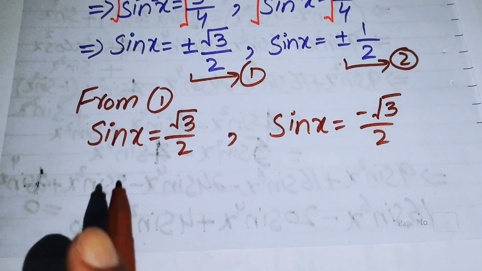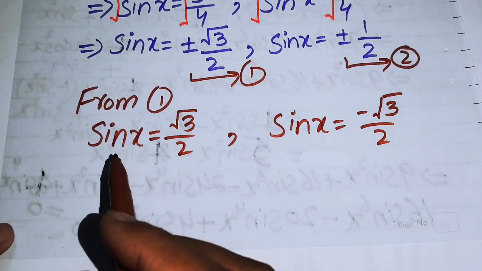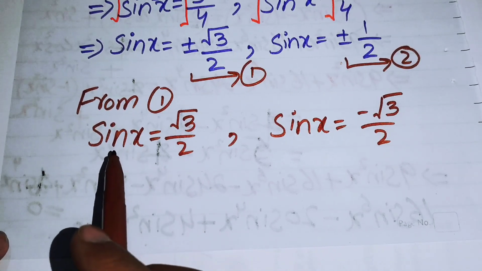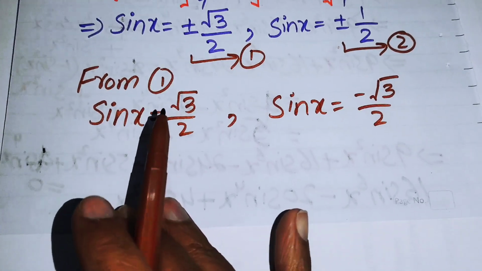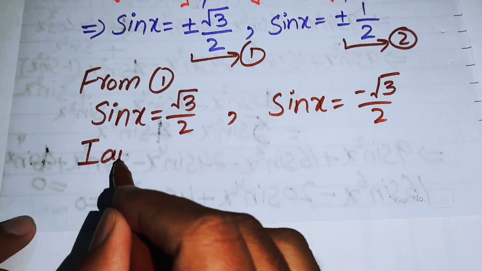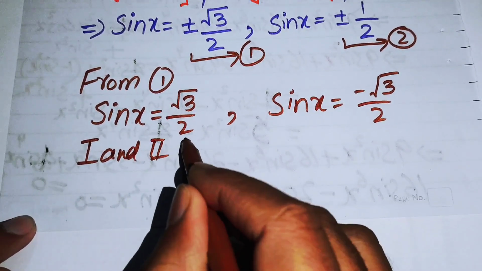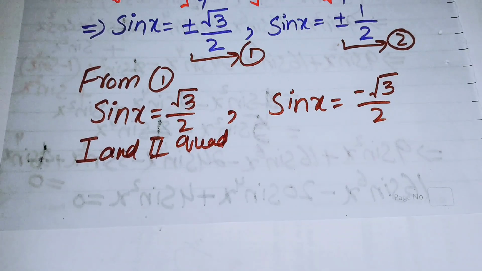So in this case you can just check that the sign is positive, so it lies in the first and second quadrant, because sine is positive in the first and second quadrant.